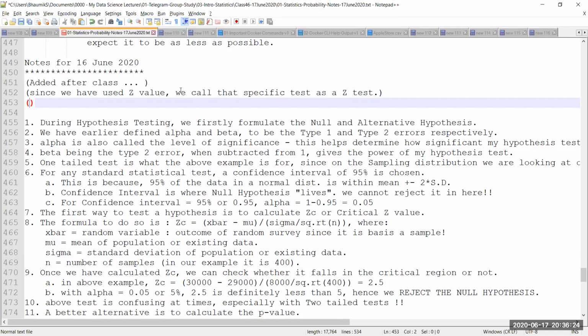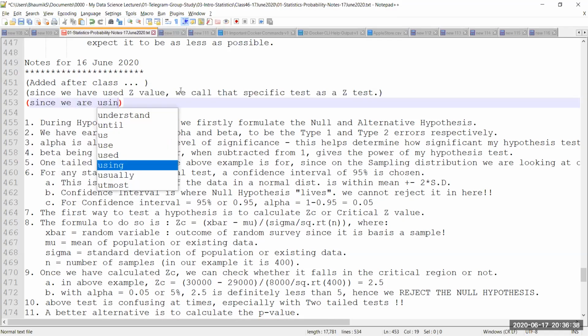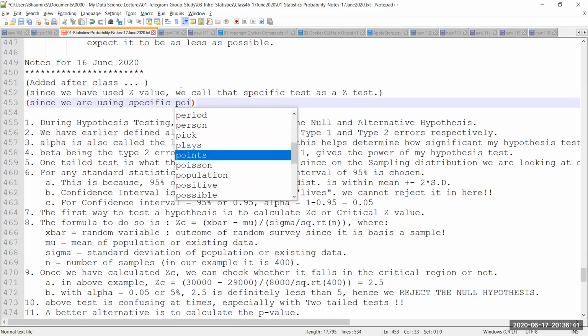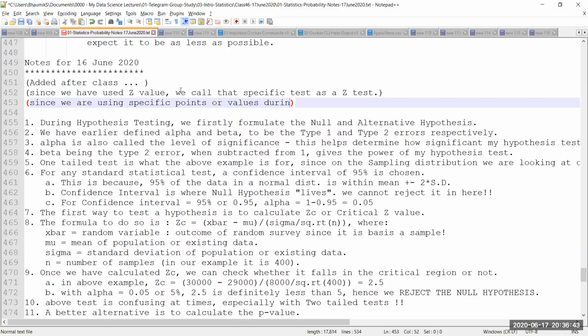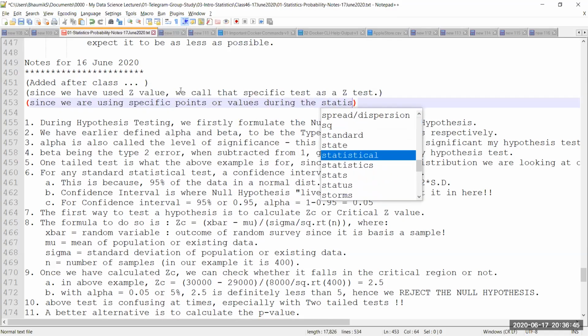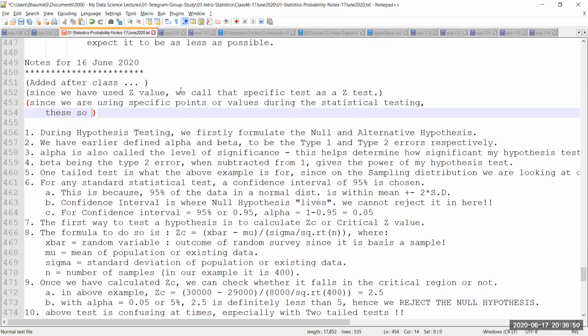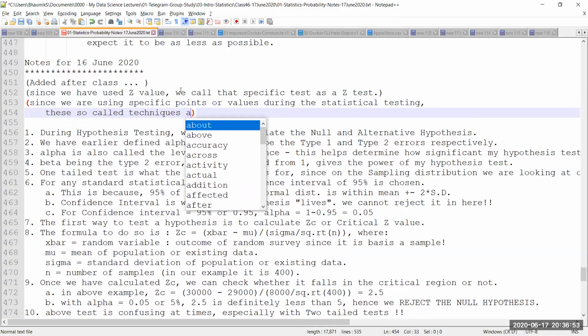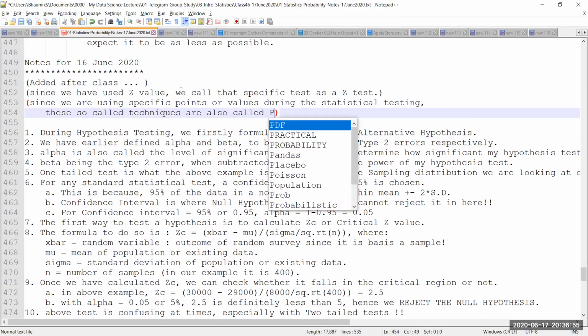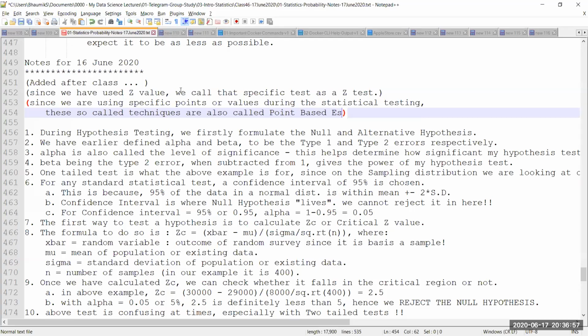Depending on whatever we are doing, we are trying to find out a value of z or x bar. These are points on the graph that we are more focused towards. Since we are using specific points or values during the statistical testing, these techniques are also called point-based estimation.